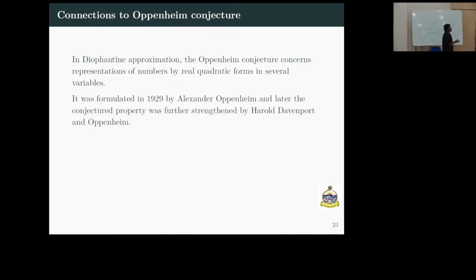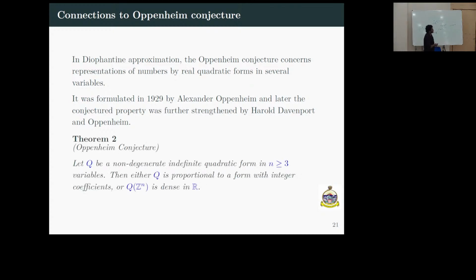So in 1929, this was conjectured by Alexander Oppenheim, and later this conjecture was further strengthened by Davenport and Oppenheim. What is this conjecture telling? It is saying that if you take any non-degenerate indefinite quadratic form, non-degenerate means its discriminant is not equal to 0, indefinite means this Q can take both signs, like there are x's such that this is greater than 0, and there are x's such that this is less than 0.